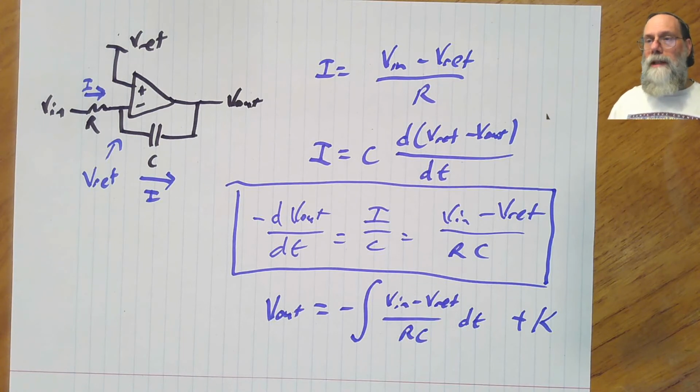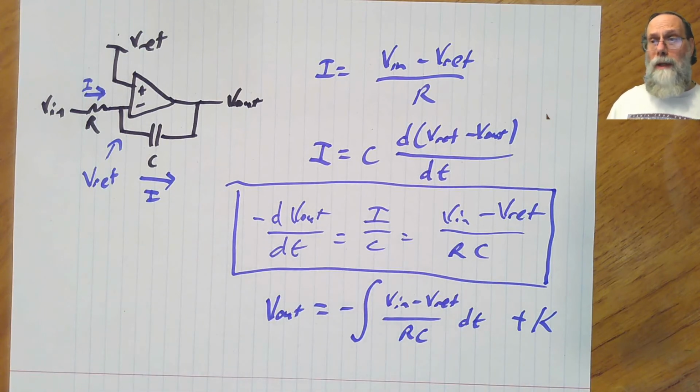That's a serious limitation. We have to make sure, when we're using an integrator like this, that we've got some way of keeping Vout in a reasonable range. This arbitrary constant, the initial value, is something that we have to think about and worry about a little bit.